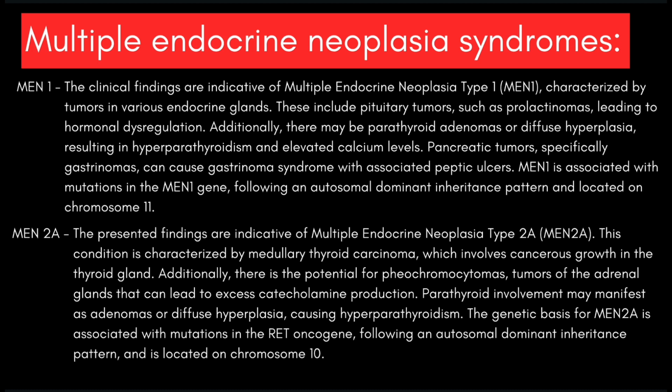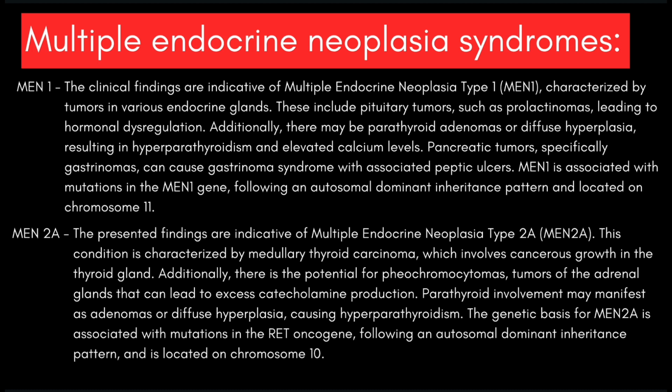Next, we have multiple endocrine neoplasia type 2A. This condition is characterized by medullary thyroid carcinoma, which involves cancerous growth in the thyroid gland. Additionally, there is potential for pheochromocytomas, tumors of the adrenal glands that can lead to excess catecholamine production.